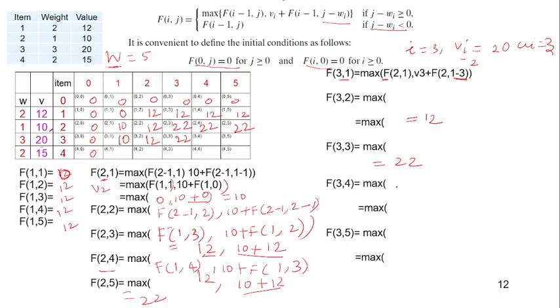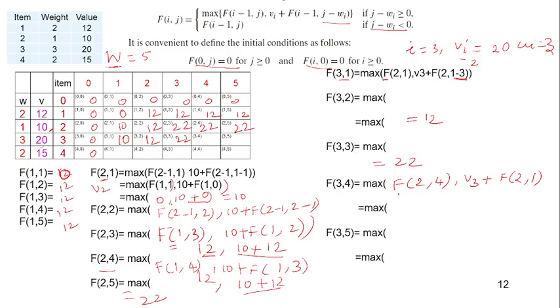And for 3 comma 4 we will calculate the max of f of 2 comma 4, 3 minus 1, 2, comma 4, comma V3 plus f of 2, comma the weight, 4 minus 3, 1.